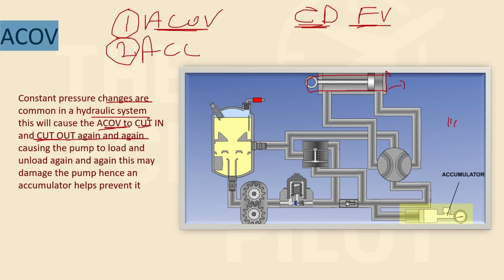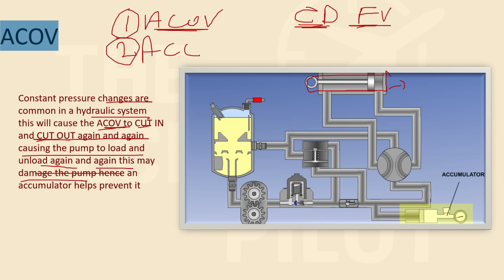What ACOV does, it releases the pressure if the system pressure is more than the spring pressure. It will open the poppet valve. It will send the fluid back, right? So these small pressure changes might cause the ACOV to open and close again and again. So what it will do is onload and offload the pump again and again, right?